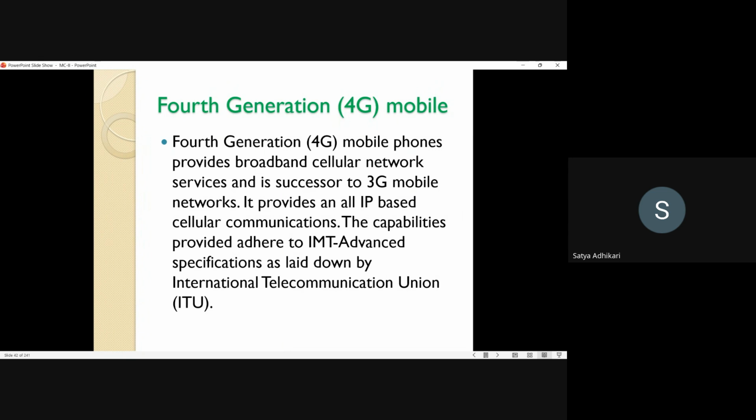4G mobile phones provide broadband cellular network services and are the successor to 3G mobile network. It provides all IP-based cellular communication. The capabilities provided adhere to IMT Advanced specification as labeled by ITU.